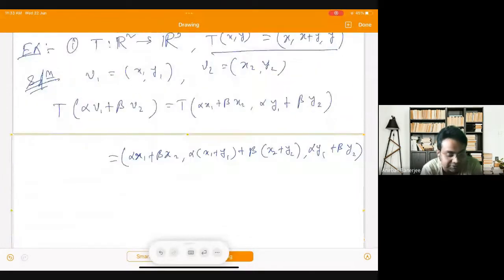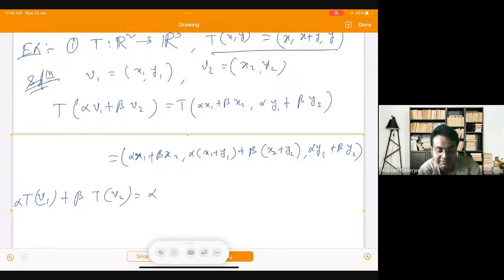We also separately calculate the right hand side of the equation. So T of alpha v1 plus beta v2 becomes alpha into T v1 plus beta into T v2. So this is alpha into, if we apply the definition of the transformation, x1 comma x1 plus y1 comma y1 plus beta into x2 comma x2 plus y2 comma y2.